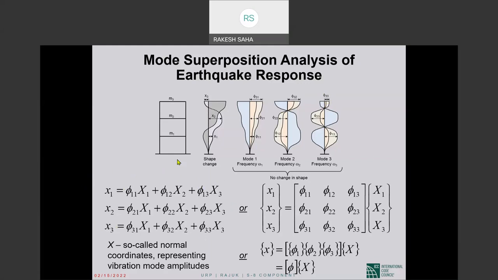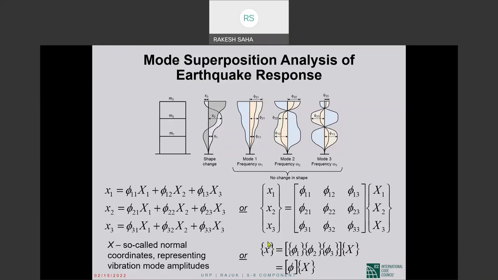So we can write this in matrix notation. The vector of the actual displacements is the mode shape matrix multiplied by the vector of those multipliers, which are called generalized coordinates, whatever the multipliers, the capital X's. Okay.